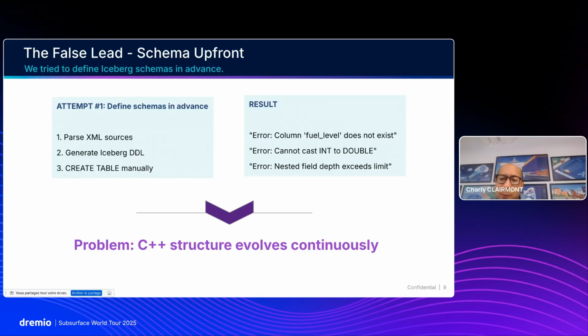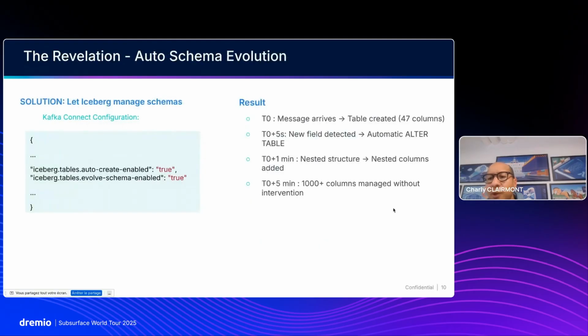So finally, we kept Iceberg. The Kafka Connect Iceberg manages the schema evolution, and it was very helpful because we have so many different messages, so many different structures for the same entity.